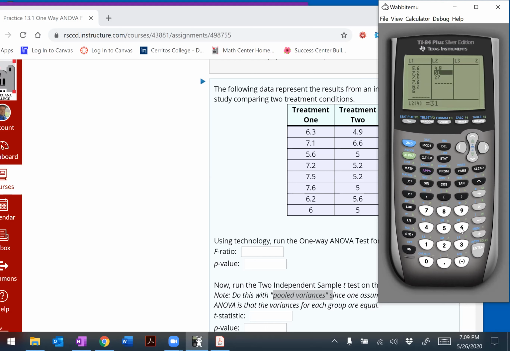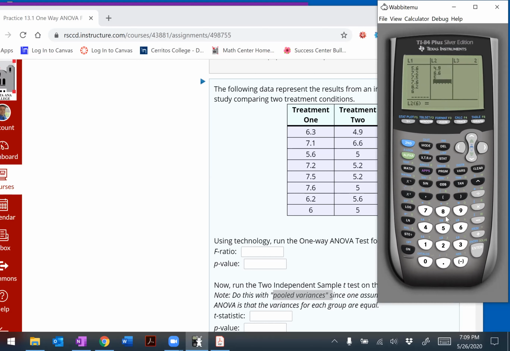Okay, 6.6, 5. Okay, 5.2, 5.2, 5, 5.6, and 5. Oops, I screwed up somewhere.